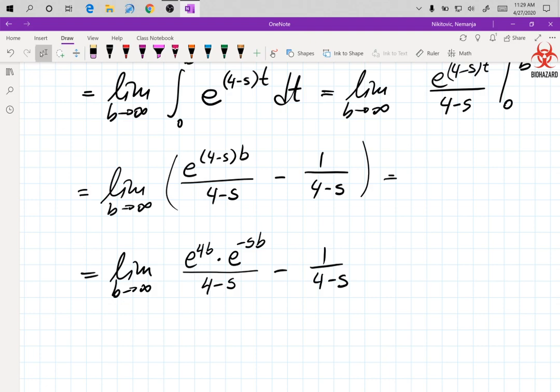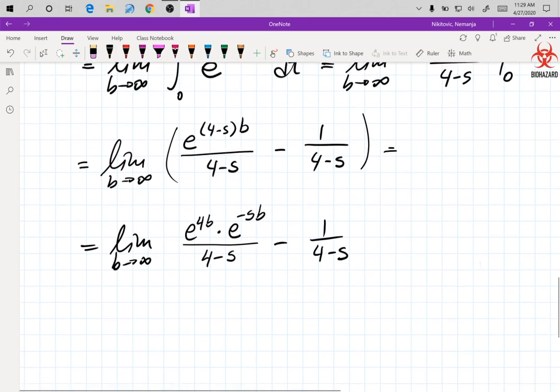We don't need the parentheses here because this one has no b in it, so it will not be affected at all by the limit.